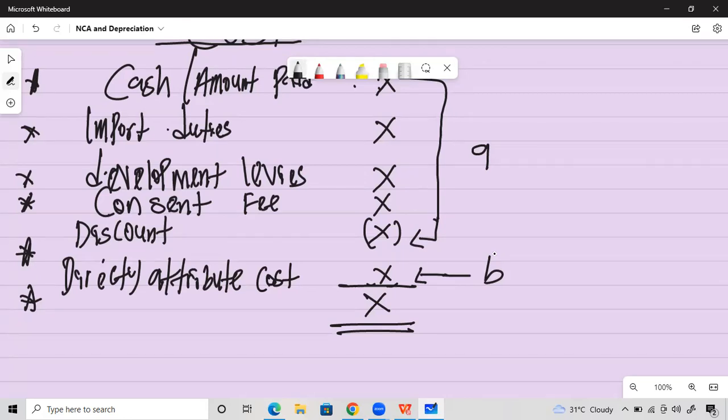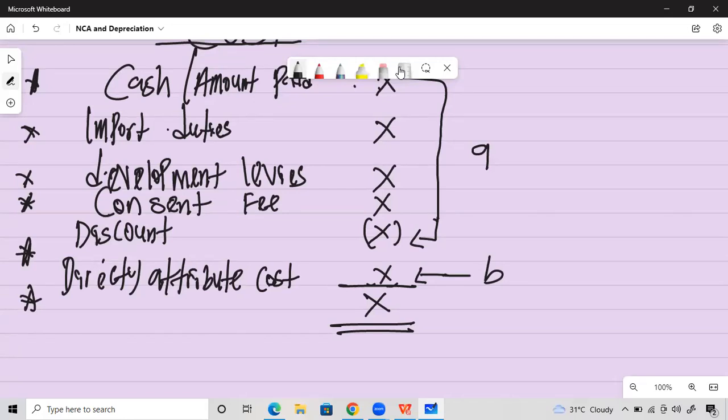Directly attributable cost. When we say directly attributable cost, directly and indirectly attributable costs are also meant for capitalization. Directly attributable costs means those costs that you would not have paid for, assuming that you are not buying the asset.